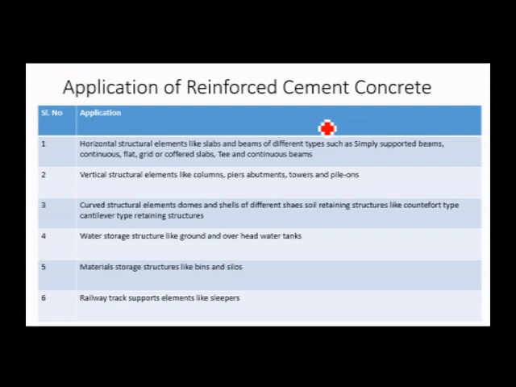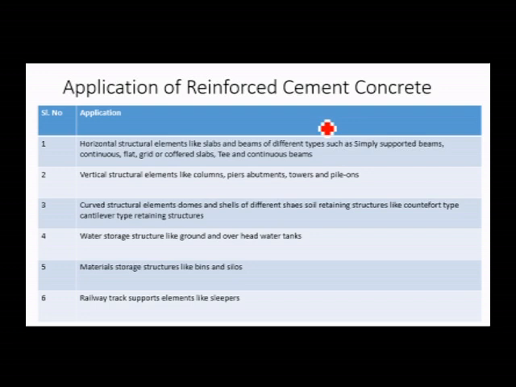various types of structures, described like the horizontal structures such as slabs and beams of different types such as simply supported beams, continuous, flat, grid, coffered slab, T and continuous beams, which are the major applications.